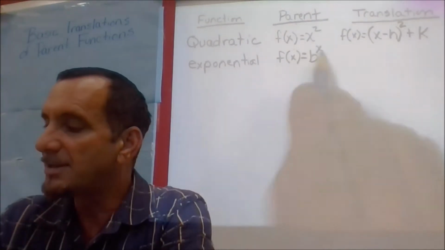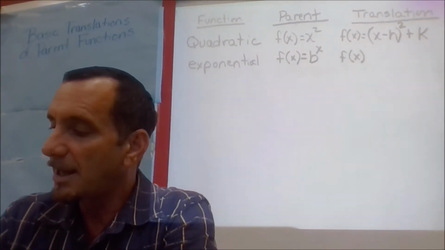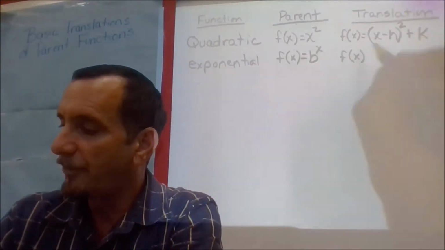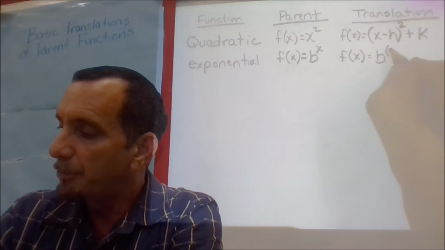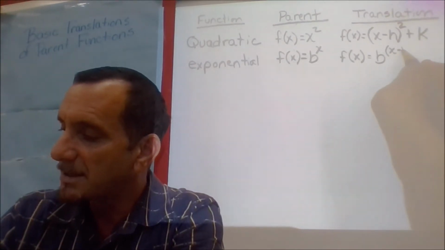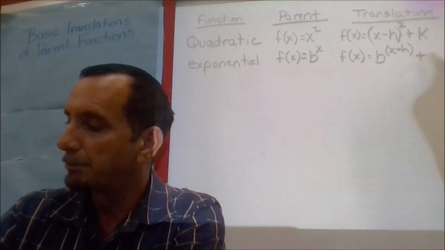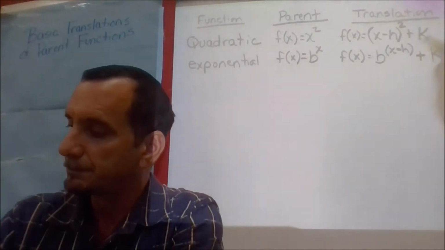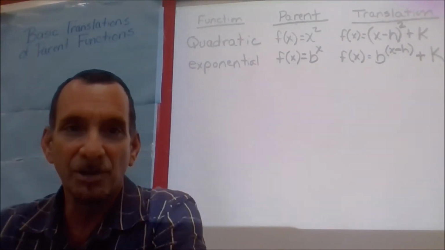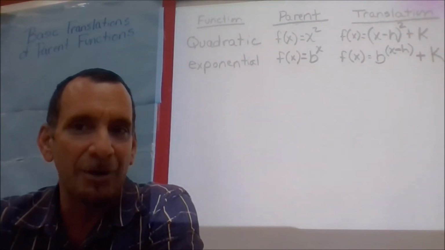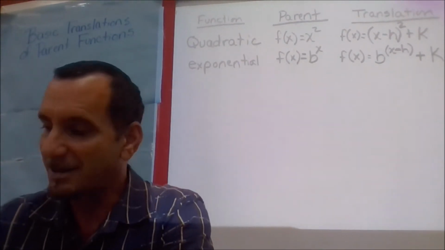So that's b to the x, and I'm just going to show you that the translation of the exponential function is b to the (x minus h) and all of that plus k. Now we're just going to come down here and write all of these, and you'll start to see a very nice pattern for remembering left and right, up and down translations.